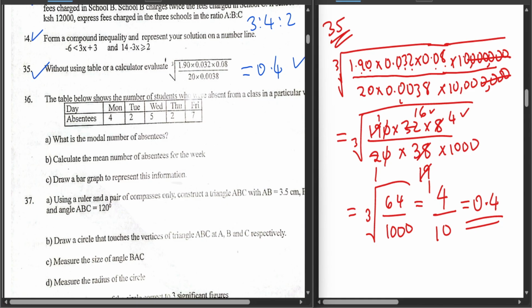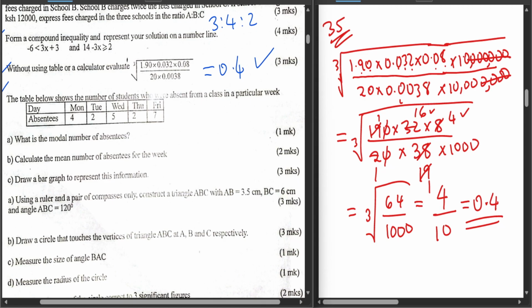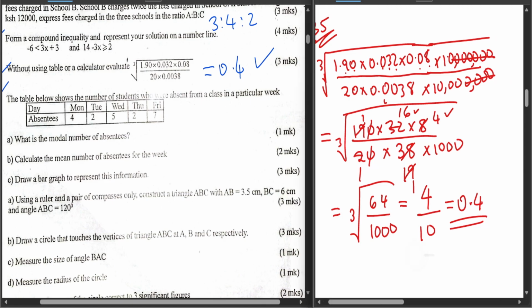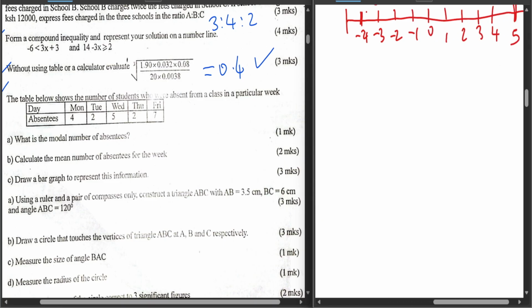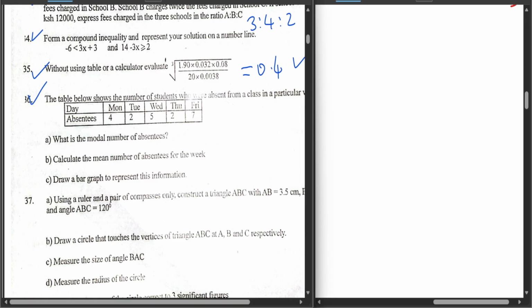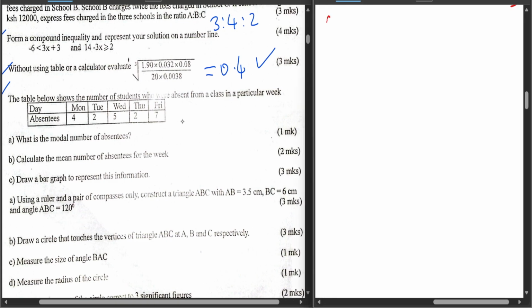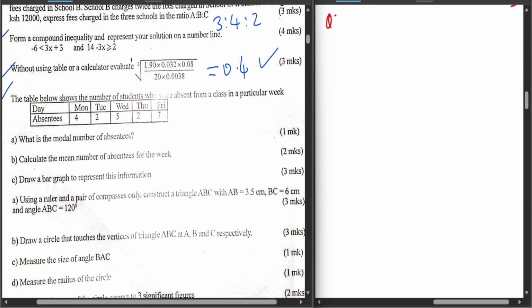Let's look into question 36. The table below shows the number of students who were absent from a class in a particular week. We have the days, which are Monday, Tuesday, Wednesday, Thursday, and Friday.